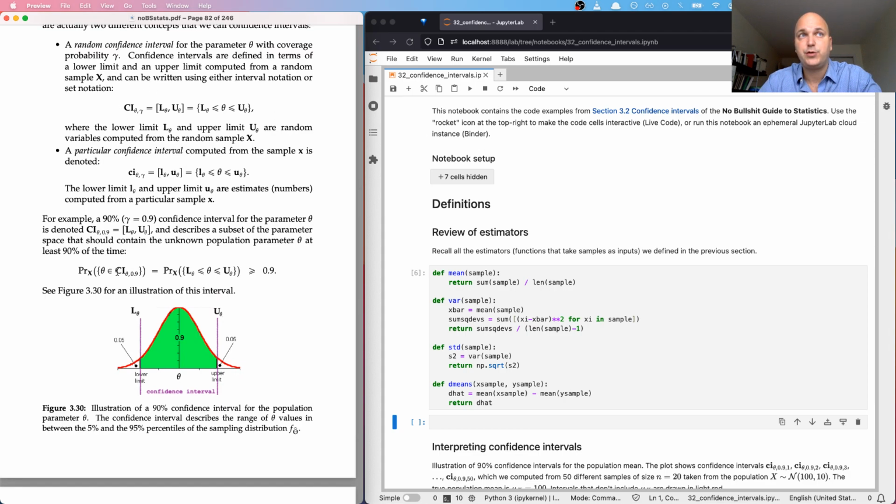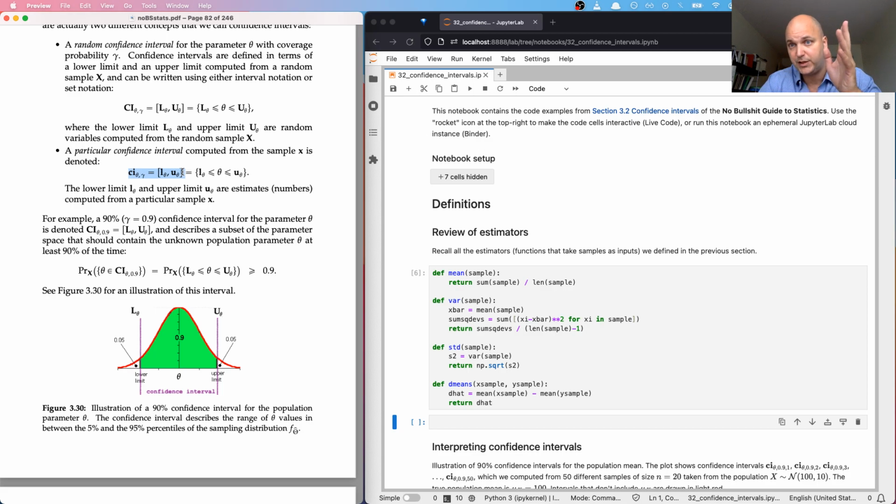Note we're using the capital letter here. I'm making a statement about when you use this procedure, what's the probability of success? The lowercase one is for one particular sample, and there we cannot make any guarantees.